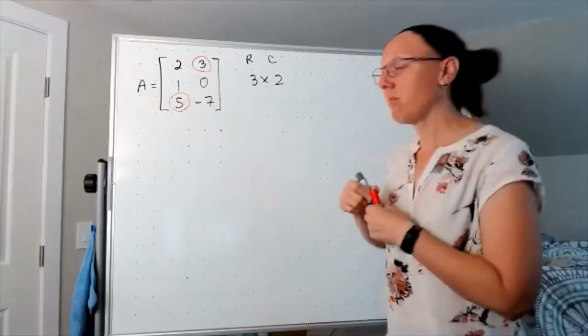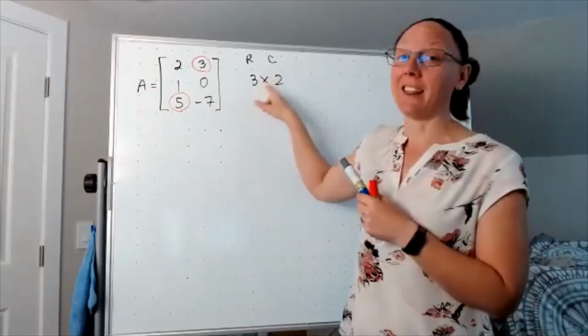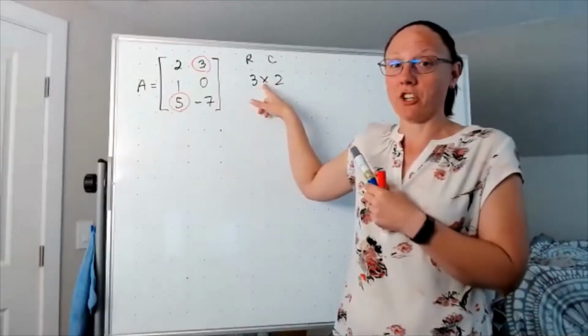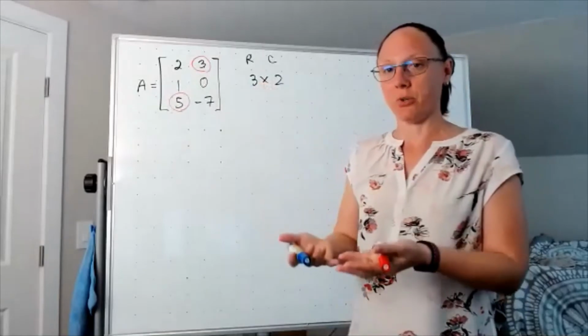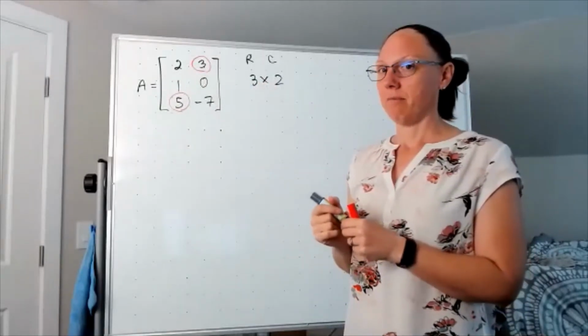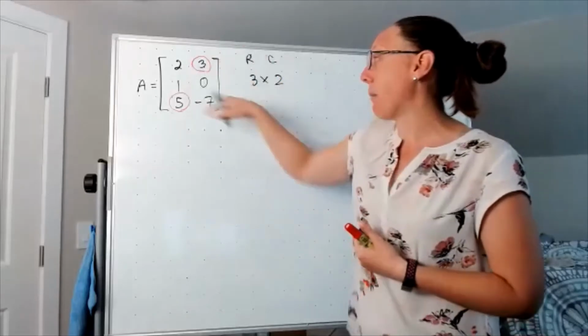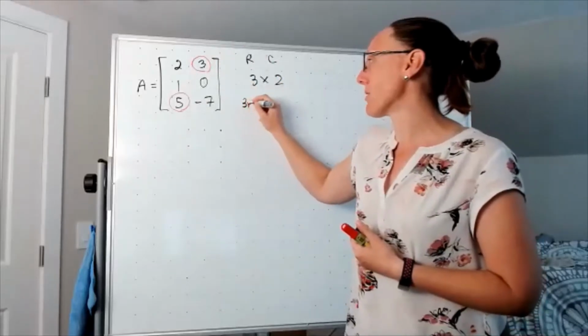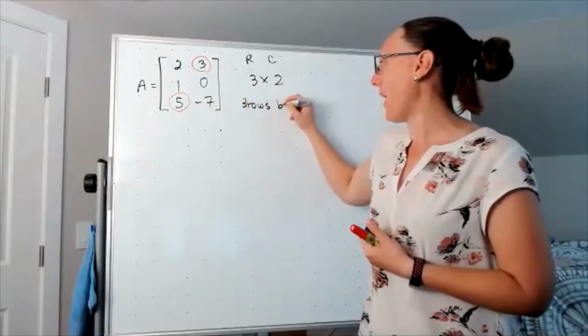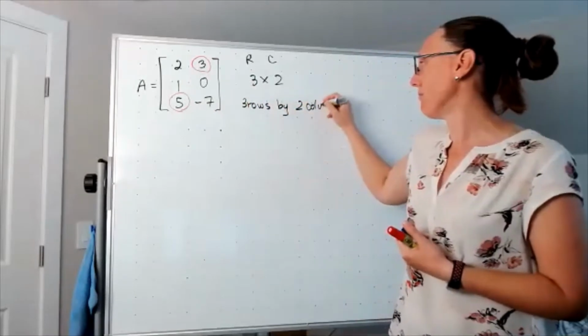So 3 by 2, and this is not multiplication. I read this as 3 by 2. This means that matrix has 3 rows by 2 columns.